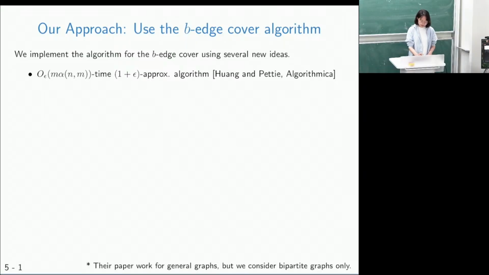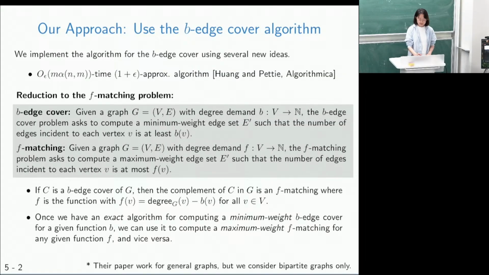So we start with this near linear time algorithm by Huang and Pettie. And this algorithm indeed deals with the F-matching problem. It is a complementary version of the B-edge cover problem.